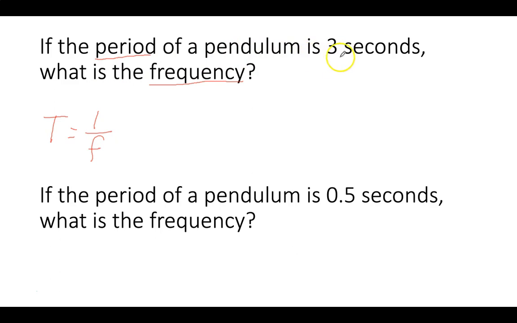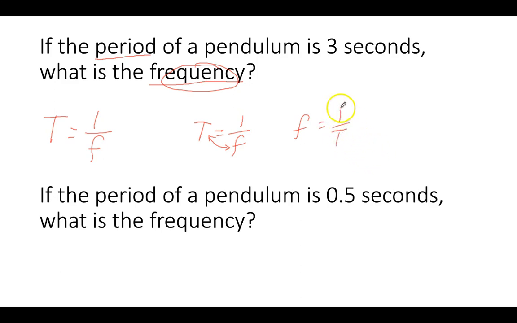So if the period of the pendulum is 3 seconds, what is the frequency? Well, now I'm solving for frequency, so I want to solve for F. Remember, when you have something on the bottom, you can just flip-flop these bad boys. So frequency is equal to 1 over period.